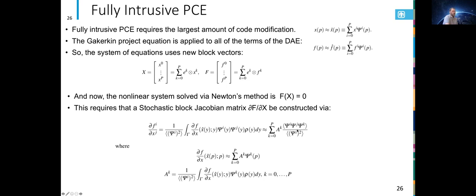And then these psi's are all basically inner products of different components of the orthogonal expansion. So if you have a simulator that already populates your original DAE, you can apply all of these projections to the different terms of the DAE and to the matrix and get a fully intrusive form of the matrix you need to solve.